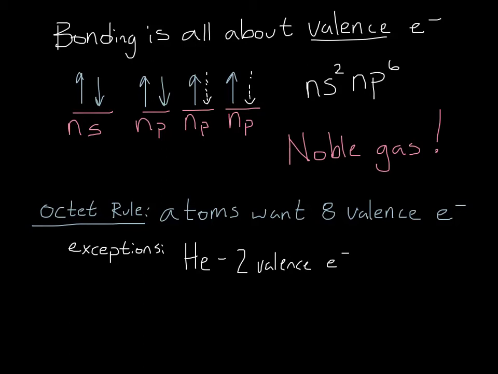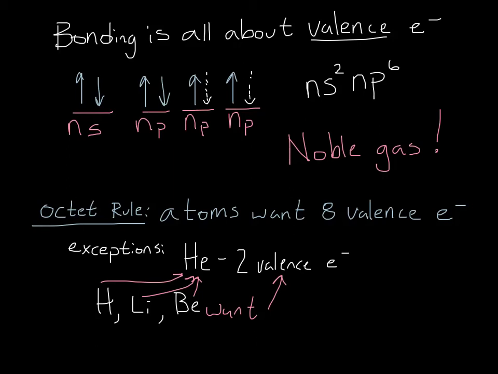And it's happy with just those 2. And the other exceptions are hydrogen, lithium, and beryllium. Hydrogen, lithium, and beryllium, they all don't want 8. It would mean getting too many, so instead they want to be like helium, which means they only want 2 valence electrons. Other than that, for the most part, all other atoms want to have 8 valence electrons.